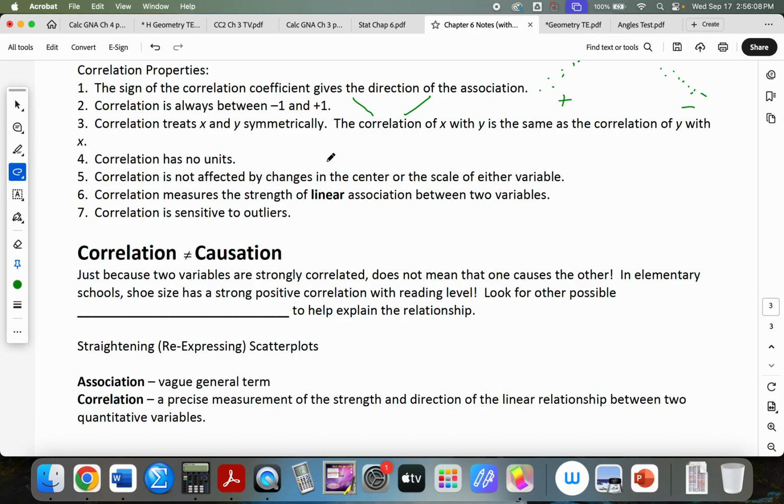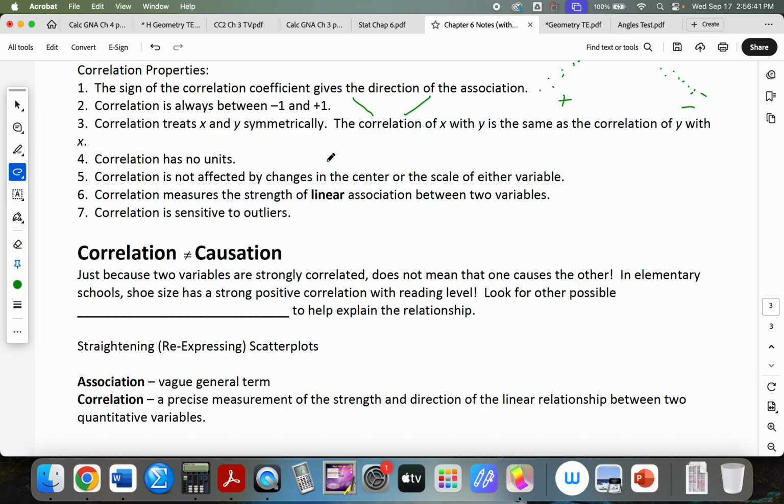Correlation has no units. If someone tells you that the correlation is something that has units on it, immediately reject that. Okay? Can't have units. Correlation is not affected by changes in the center or the scale of either variable. Now, that's a little bit different. So if you move your data set to the right 15 and up 57, it doesn't change the correlation.